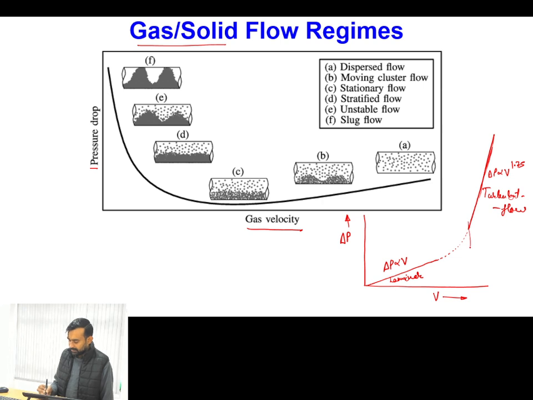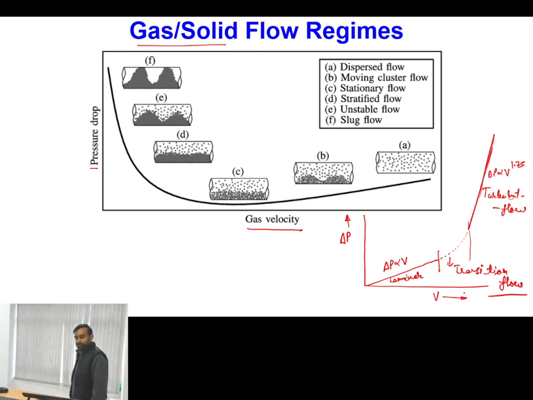In between, where the curve changes from the linear relation to this proportionality of 1.75, here comes our transition regime or transition flow. Is this one clear? So this is the pressure drop versus velocity characteristic for a single phase flow.